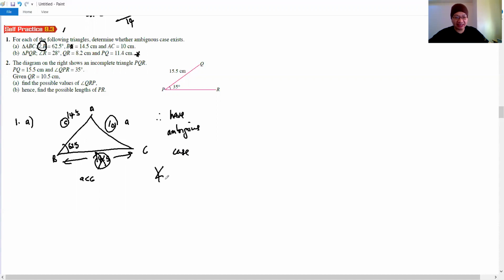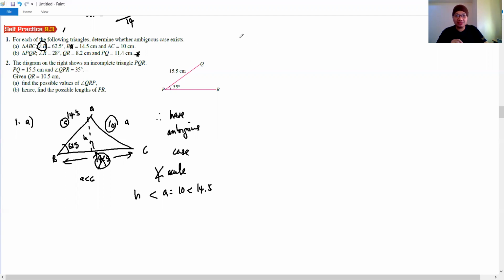Because the angle is acute already, and a, which is 10, is lesser than 14.5, which is c, and 10 is more than the height. This is your height; height is your 90 degrees, right? So 10 is the hypotenuse. Automatically, we know that h is lesser than the hypotenuse. Settle for number 1A. So that is number 1A. 1B, you guys do yourself.